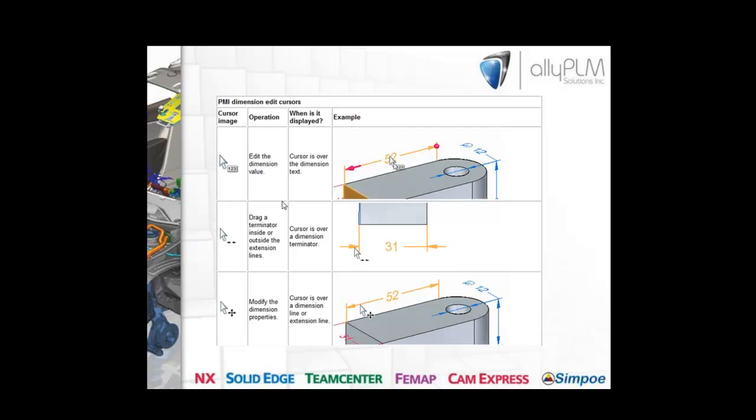If you want to change the dimension value, all you have to do is select this numeric data and enter the new value. Just by dragging the arrow, you can change the direction of this arrow, and if you want to move the dimension to some other location, look for this cursor feedback, and then you can quickly move the dimension to some other location.